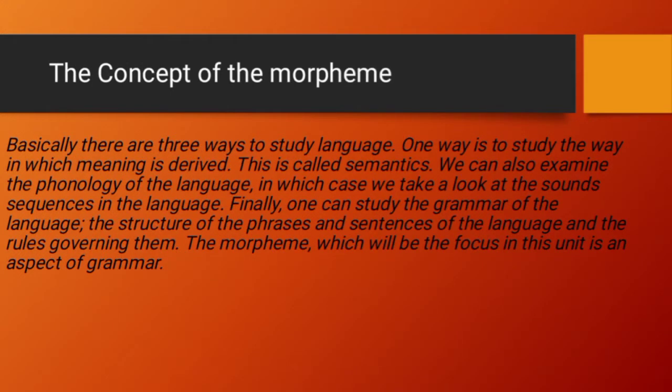The concept of morpheme. Basically, there are three ways to study languages. One way is to study the way in which meaning is derived. This is called semantics. We can also examine the phonology of the language, in which case we take a look at the sound sequence in the language.